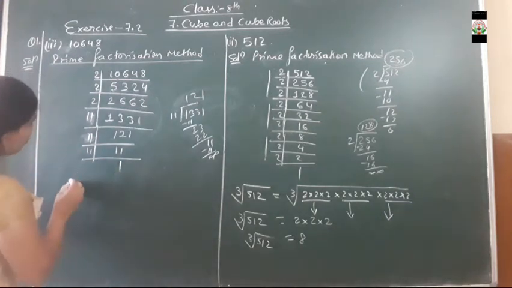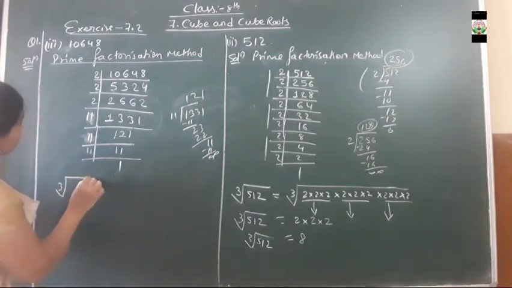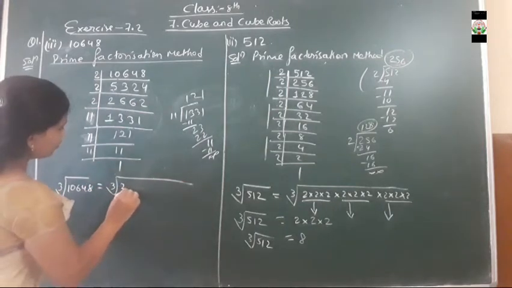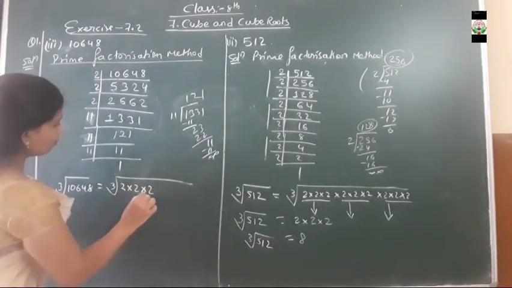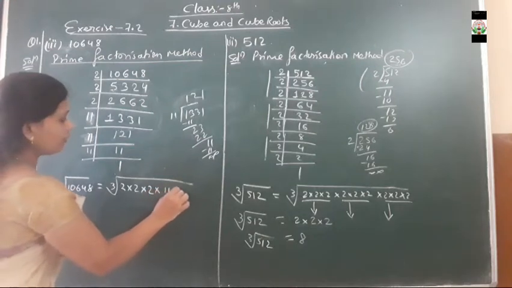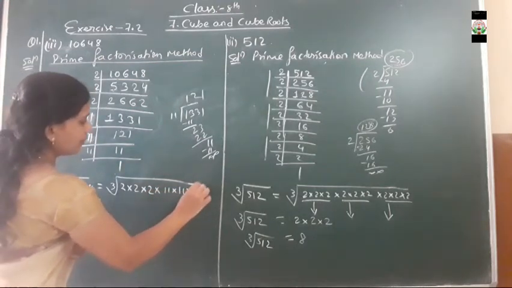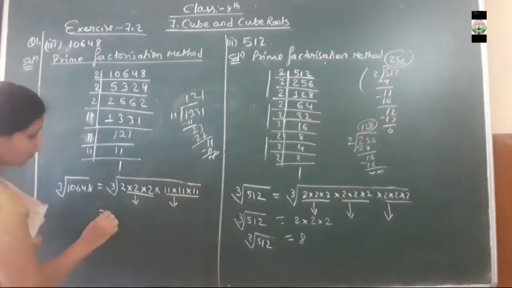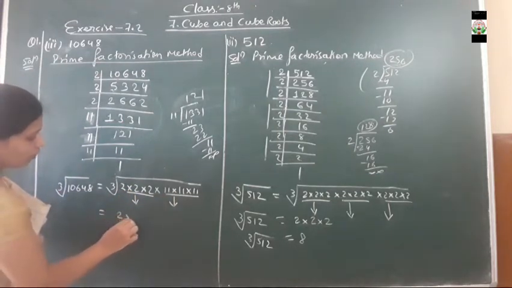So what is the cube root of the number 10,648? 10,648 is 2 into 2 into 2 into 11 into 11 into 11. This is the cube root. So among the 3 triplets, among the 3 numbers, one of the 2 comes outside.